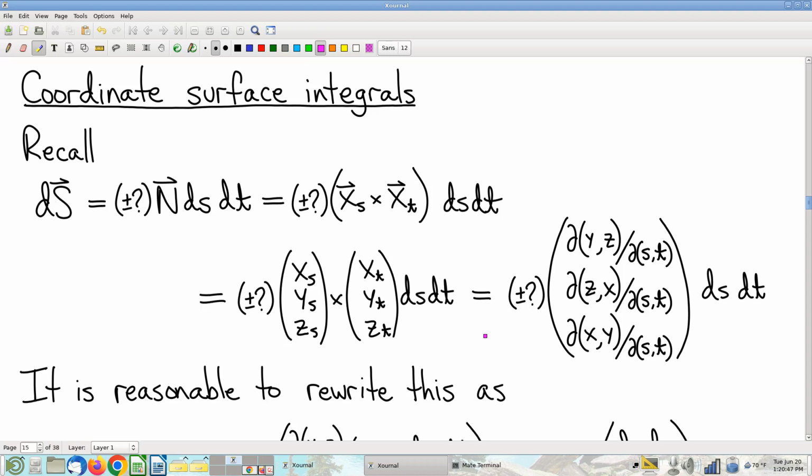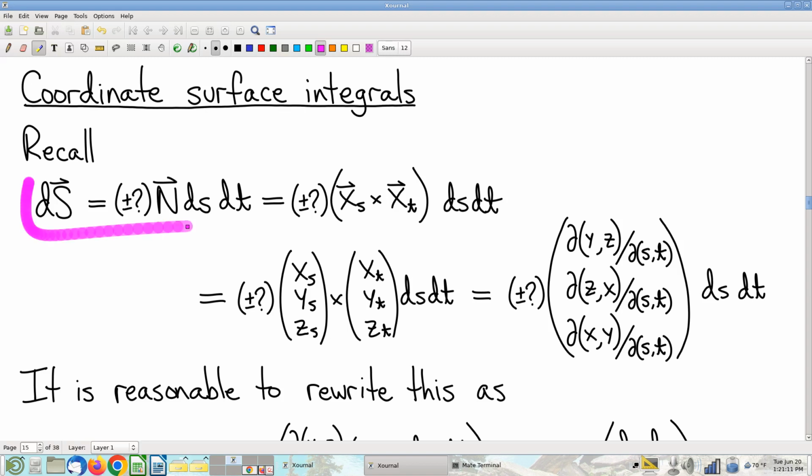here's another notational necessity. For the purposes of this class, this is mostly liability. This isn't going to help us compute anything, right? But there's stuff that you're going to see out there in the real world when you're looking at work that uses surface integrals. It goes like this.